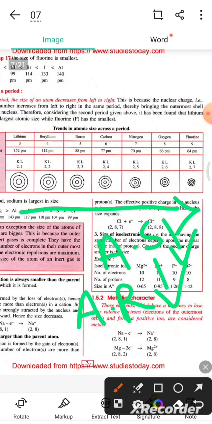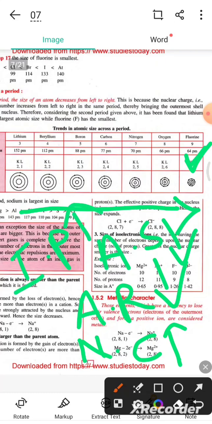And what about the nuclear charge? Nuclear charge is increasing. Atomic radius is decreasing, nuclear charge is increasing. That means the nucleus now has more power to attract the electron towards itself. So we need more energy to remove the electron. That means we need more ionization potential.